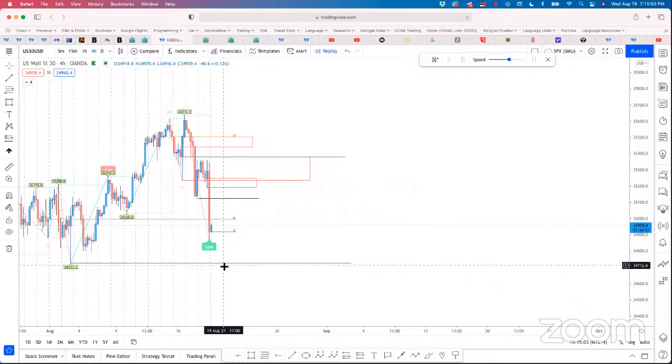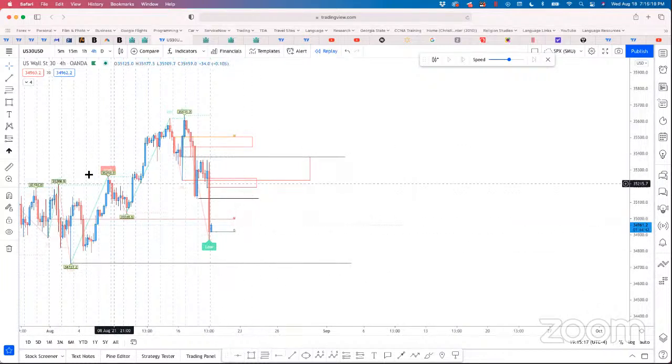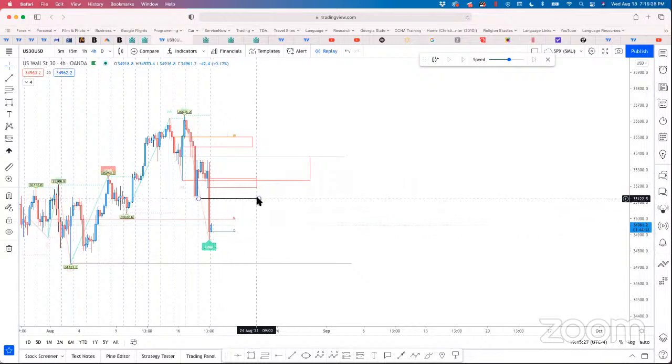And if it can't hold this, meaning it breaks and closes below this, then you have to assume they want to take it down even lower, right? So to project where you would get from this low a lower high, you have to start right here, then look right here.